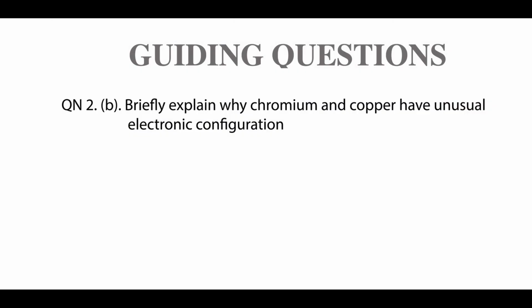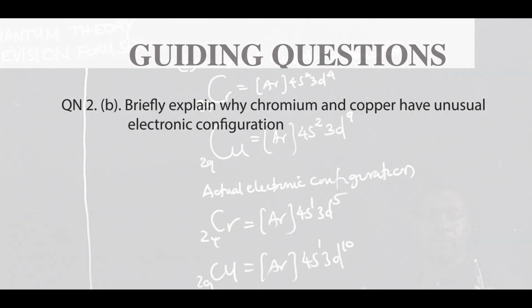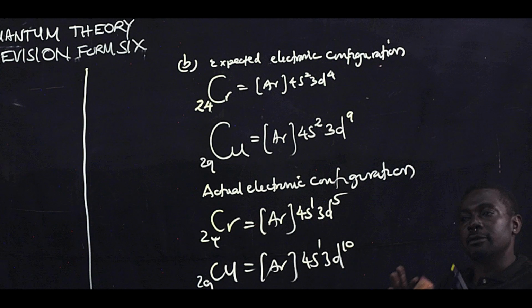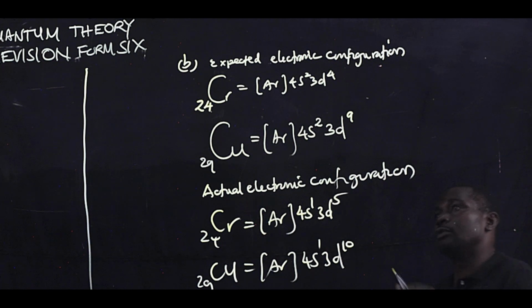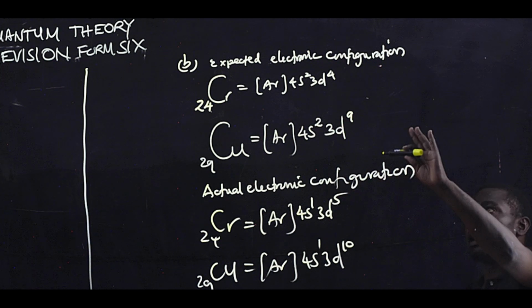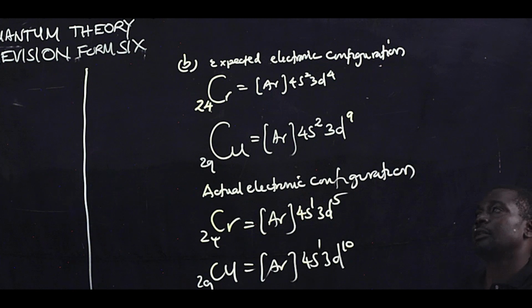Okay, question number 2b. Briefly explain why chromium and copper have unusual electron configurations. Okay, we know how to write electron configuration by using the 4 sets of quantum numbers. So let us write the expected electron configuration of copper and chromium.